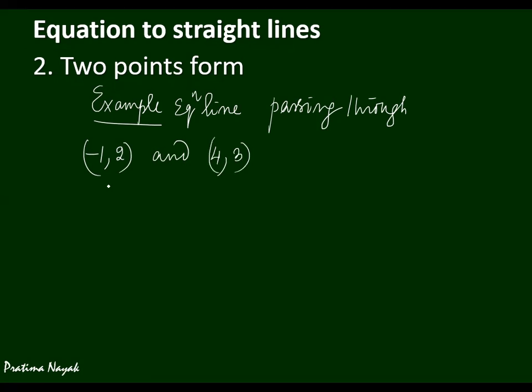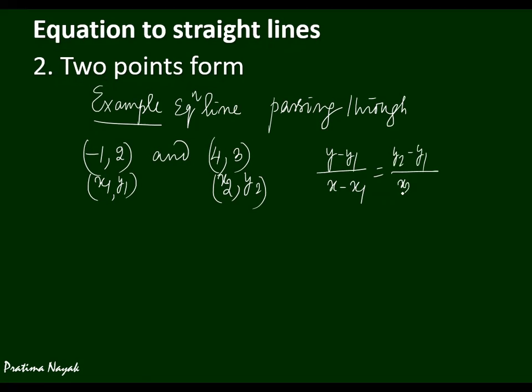So any point you can take as x1, y1 and the other one x2, y2. Then put in the equation. What is it? y minus y1 upon x minus x1 is equal to y2 minus y1 upon x2 minus x1. I'll request you to write all the formulas from time to time so that it is easy for recalling.